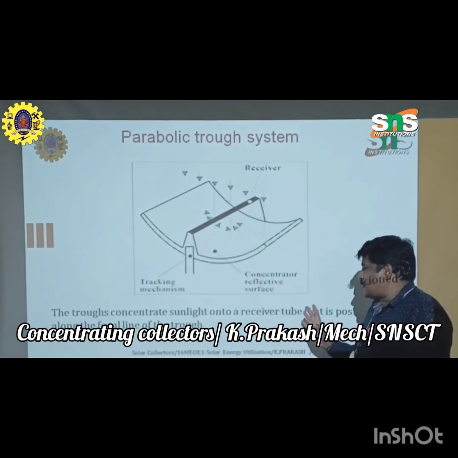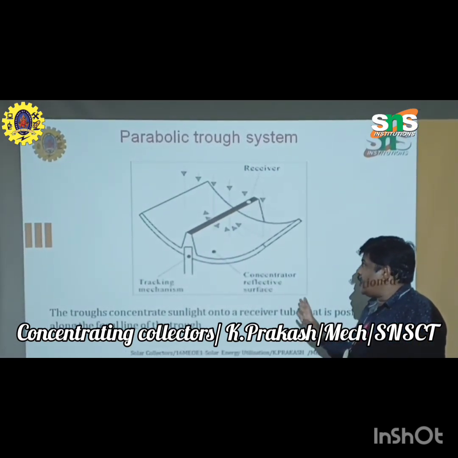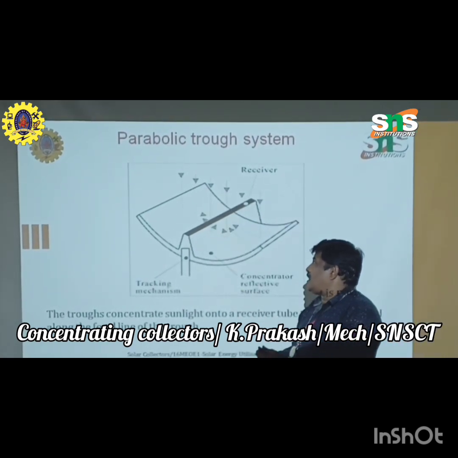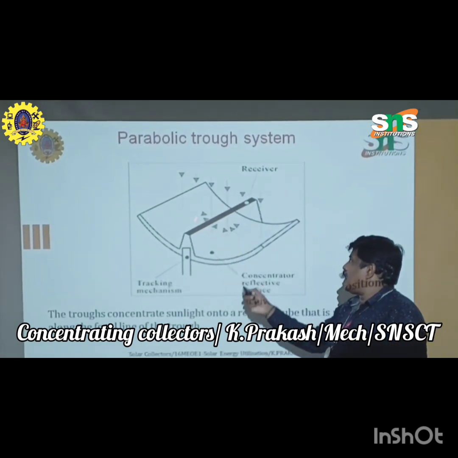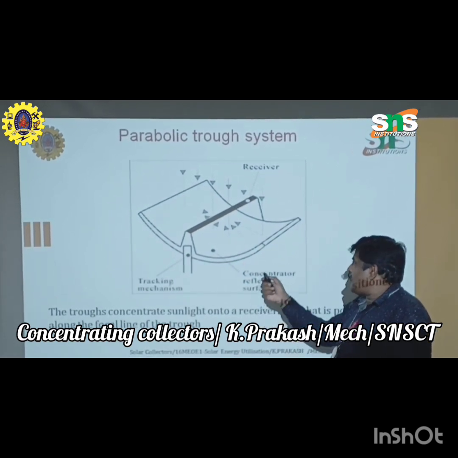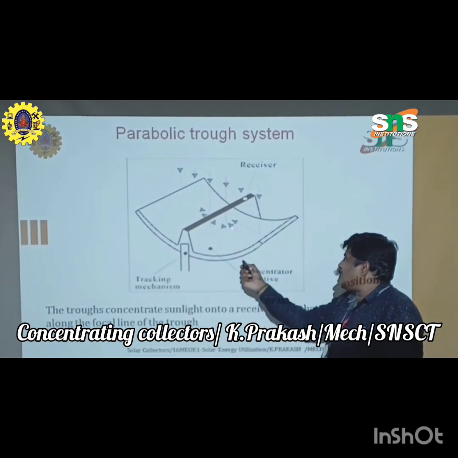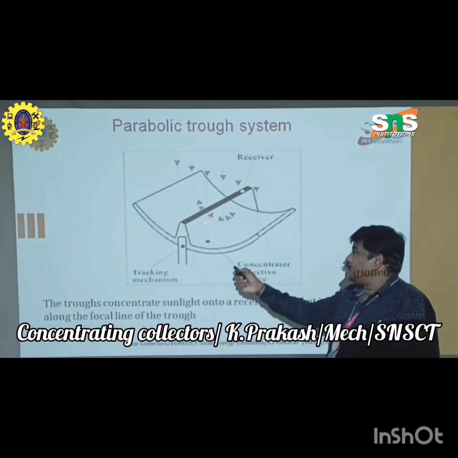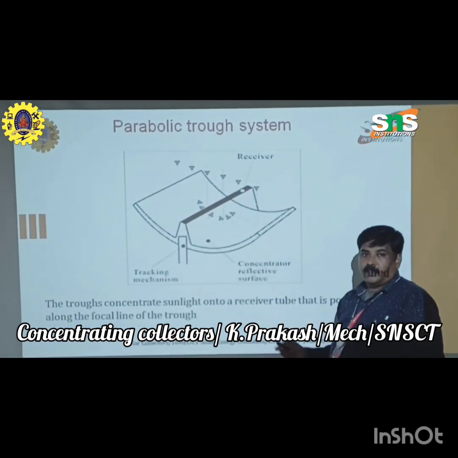Now what happens here? All the solar radiation coming from the top falls on this reflector surface, and then it is reflected towards this black receiver.